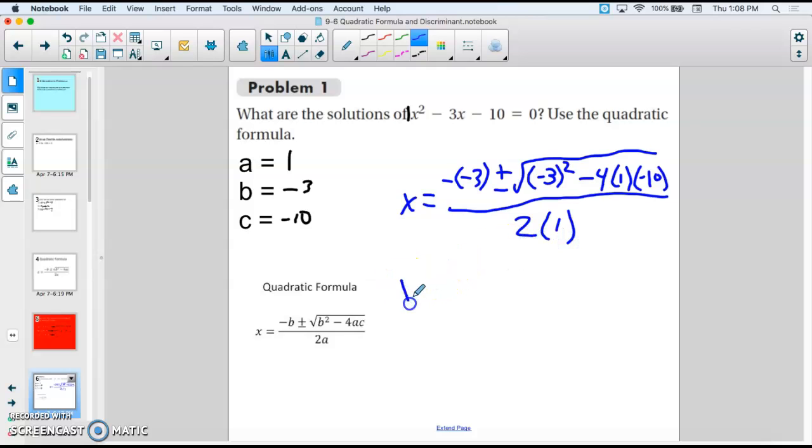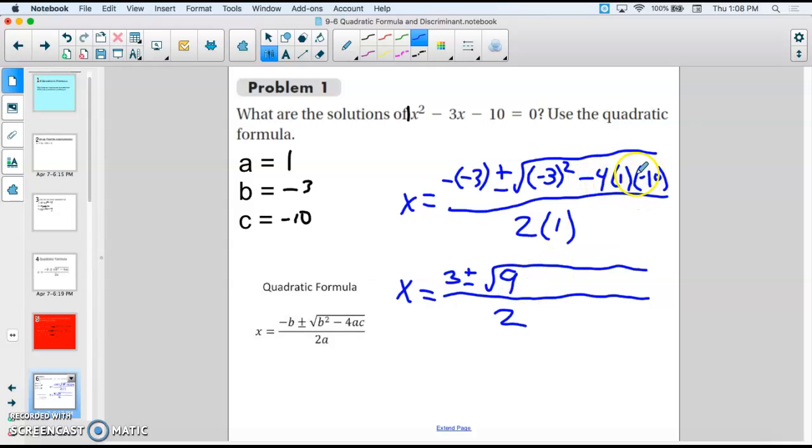Now, please don't try to do this all at one time. Let's just take it piece by piece. Minus -3 would be +3, plus or minus the square root. I'm going to deal with the square root in just a second. The bottom here, 2 times 1 is 2. All right, now let's deal with what's inside here. -3 squared is +9.